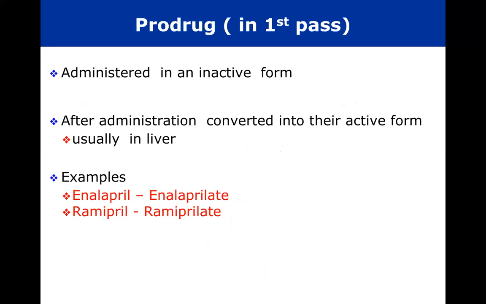And regarding the prodrug in first pass, some drugs are administered in inactive form, and after administration there is a conversion from inactive to active form, usually in the liver. Examples of this phenomenon are enalapril and ramipril.